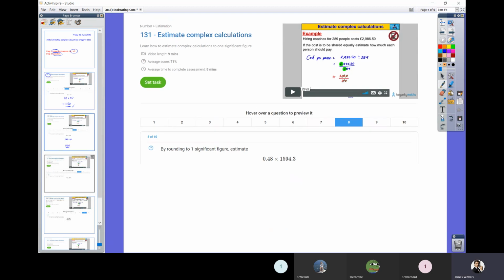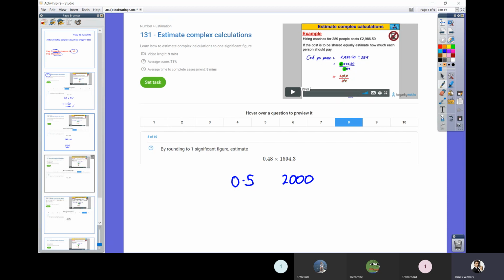Now, be careful. This is the one that always catches people out. The second number is fine. Everybody on the whole appreciates that that's 2000. But 0.48 to one significant figure is not 0, is not 1. You've got to go to 0.5.